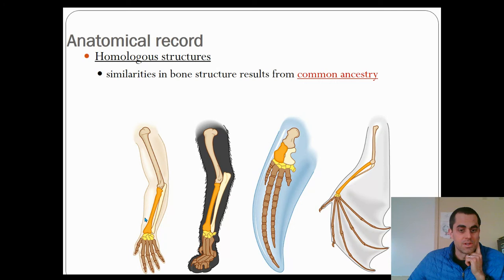So we notice that they have a humerus, and they all have a radius and an ulna, the orange and the white. And so they have the same bone structure on the inside. And when they have the same bone structure on the inside, that tells us that they have the same makeup. So they probably have a common ancestor. And anytime you see these structures that are the same on the inside, that would be a homologous structure.